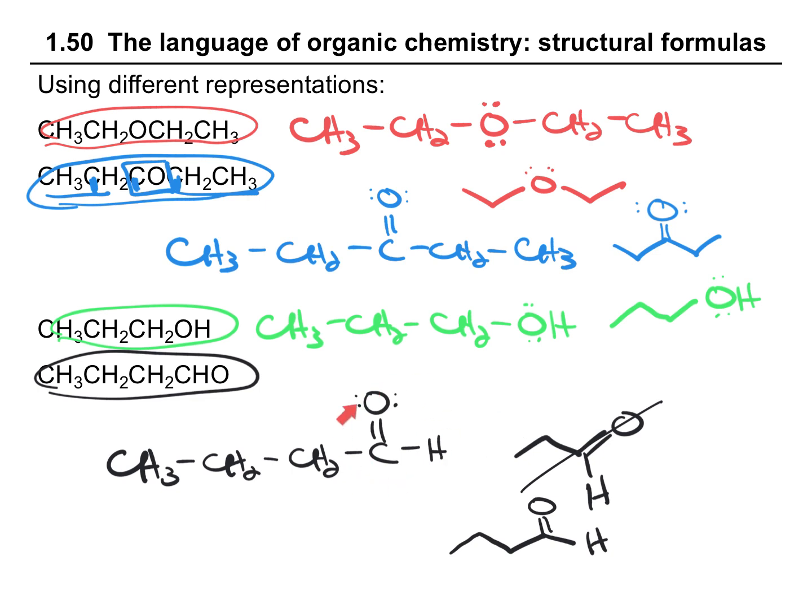So this functional group is an aldehyde where we have a C double bond O and that C is connected to a hydrogen. Normally with our zigzag rules, we don't draw the hydrogens connected to carbon. We don't have to write this carbon explicitly, but we do write this hydrogen explicitly. So make sure you get lots of practice drawing structures with different representations.